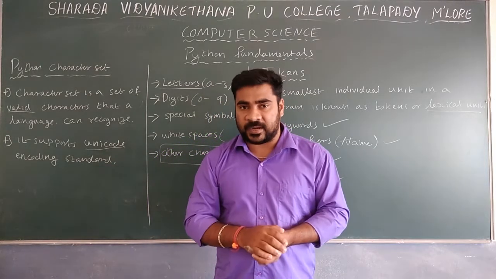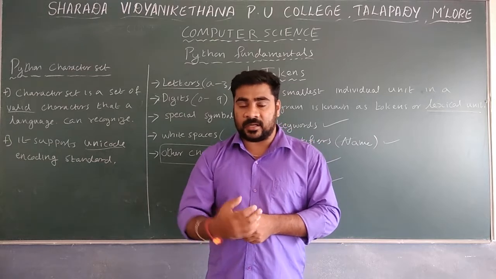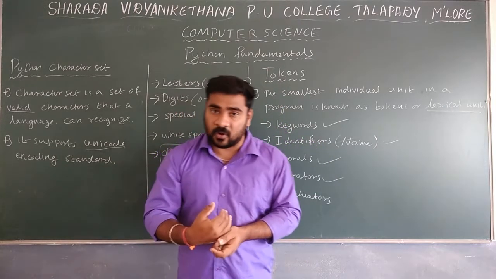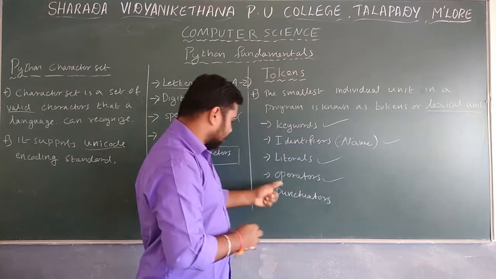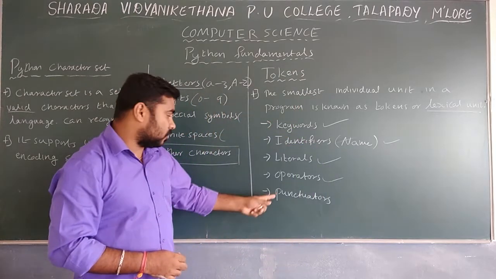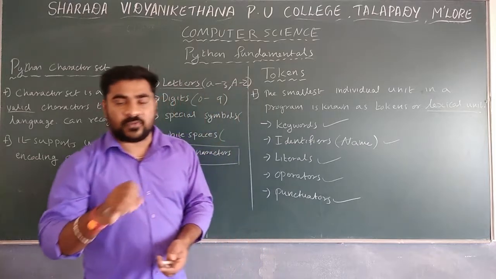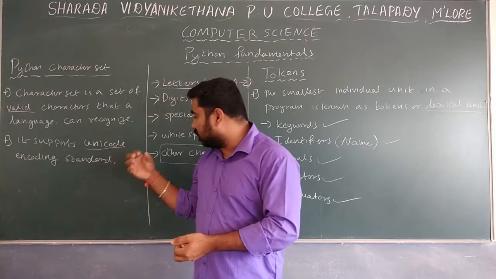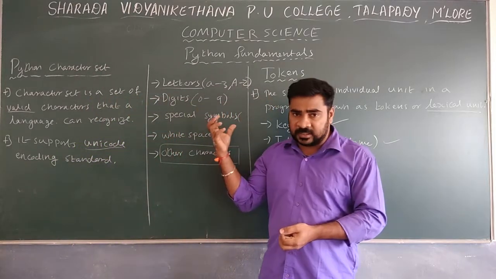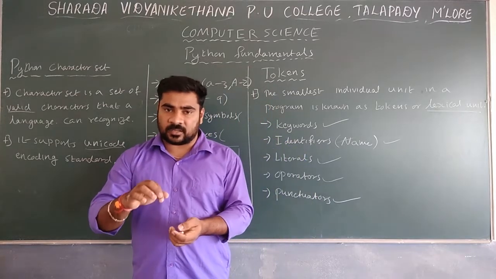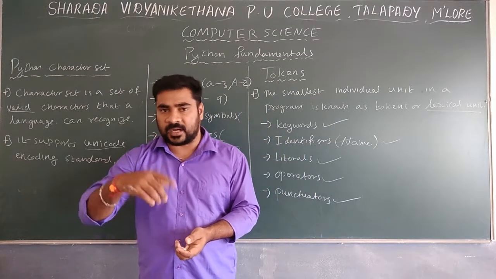There are different types of operators: arithmetic operators, logical operators, relational operators, and so on. That is also one Python token. And the last one is punctuators. For example, comma and special symbols are known as punctuators: dot, comma, double quote, single quote, open bracket, closing bracket.